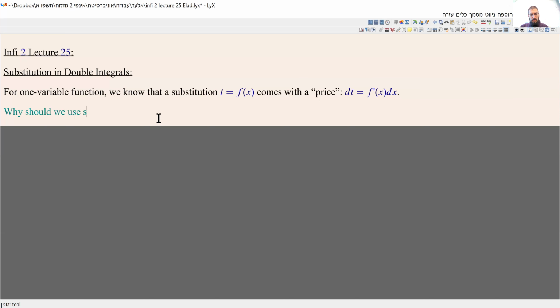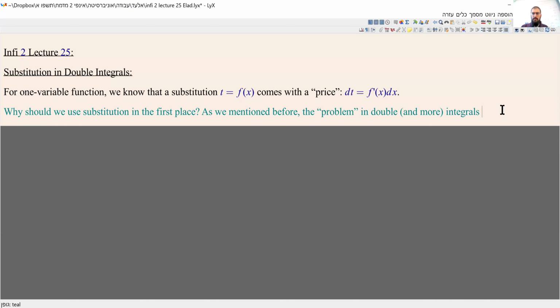Now, before we explain how to pay this price when it comes to more than one variable, I want to first give us a motivation. Why should we use substitution in the first place? As we mentioned before, the problem here in double and triple and more integrals is the domain.